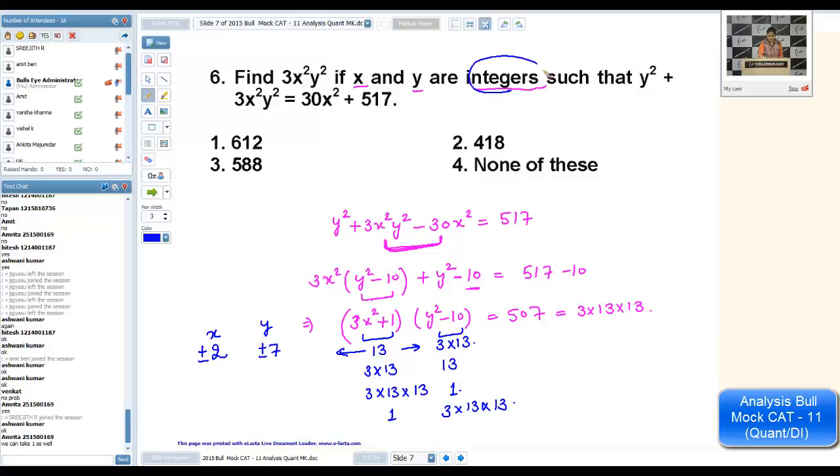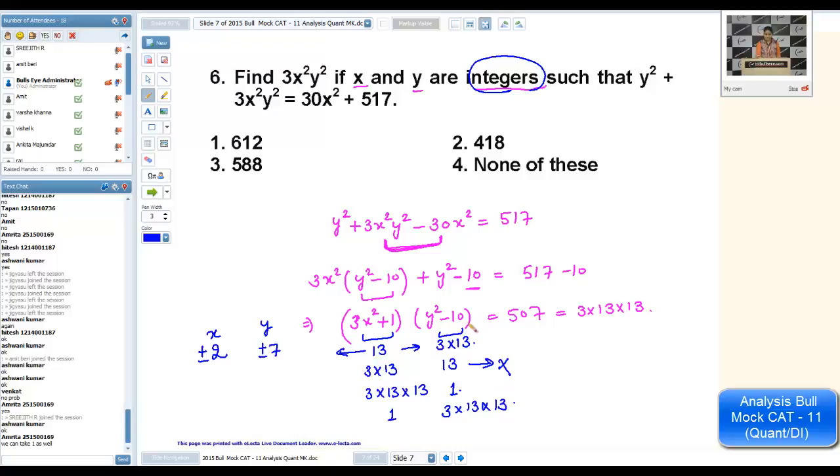See, that was a keyword: x and y should always be integers. Since I am getting x and y as integers, this is a permissible solution. Now the second case: 3x square plus 1 is equal to 39, so 3x square is equal to 38. Solving it, x square is equal to 38 by 3, which is never possible since x is an integer. So this solution is dropped.